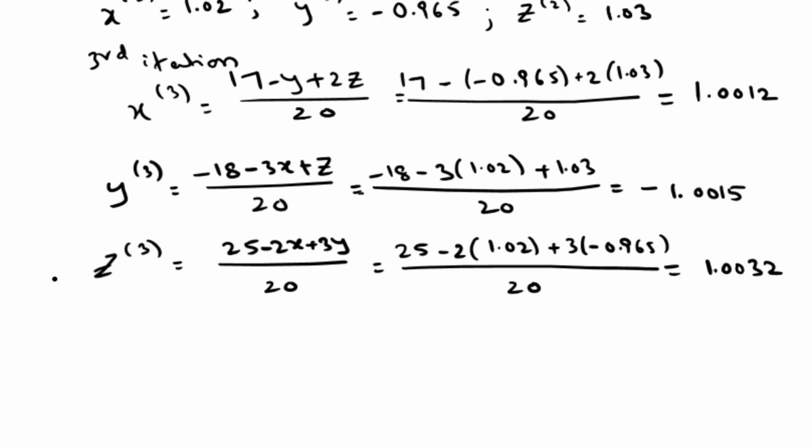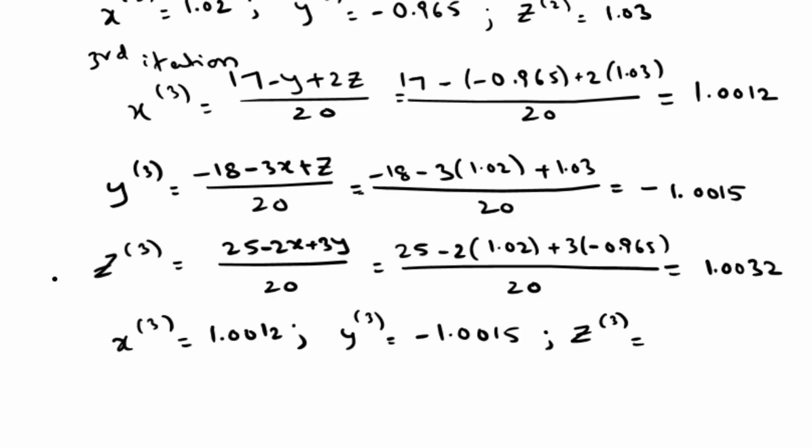1.0032. Now these are the values of x in the third iteration, which is 1.0012, y in the third iteration is minus 1.0015, and z in the third iteration is 1.0032.